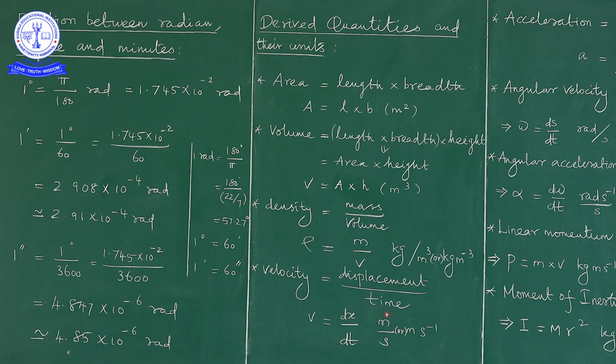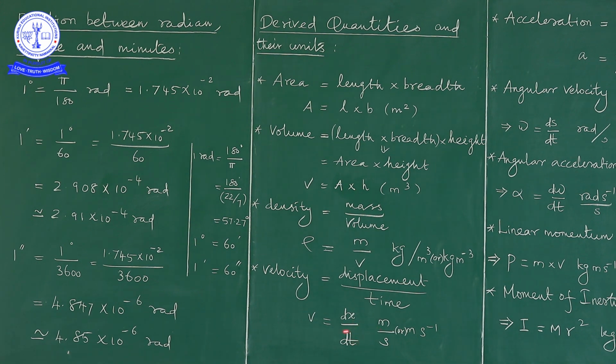So rate of change of means dx by dt. So the velocity v is equal to dx by dt. The definition of velocity is nothing but rate of change of displacement.